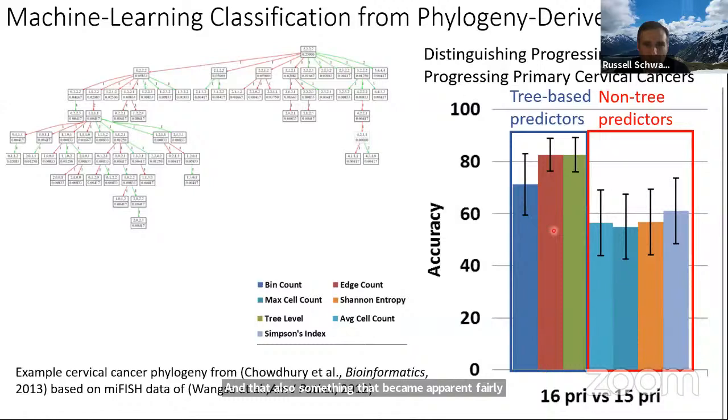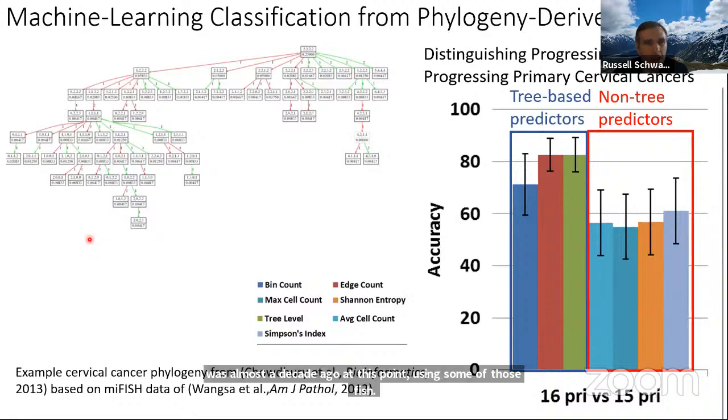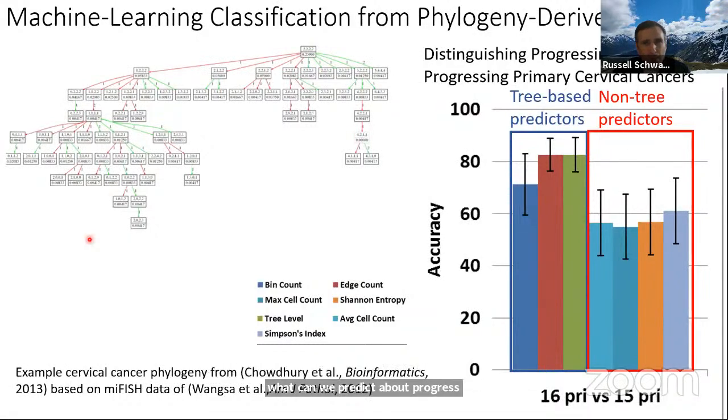This is just an example of a very early version of this from our work. This one was almost a decade ago at this point, using some of those FISH phylogenies to try to ask, what can we predict about progression of a cancer? In this case, the particular question that we were trying to ask is, can we look at primary cervical cancers, so the initial tumor that a doctor sees in a clinic, and identify the cancers that will progress to metastasis?